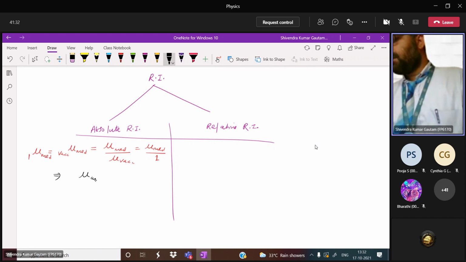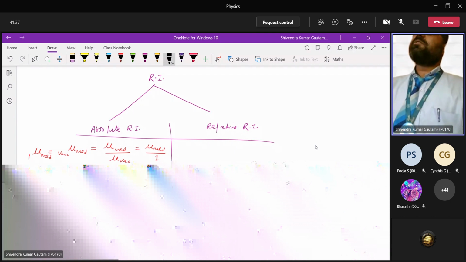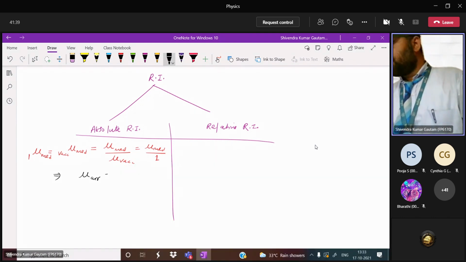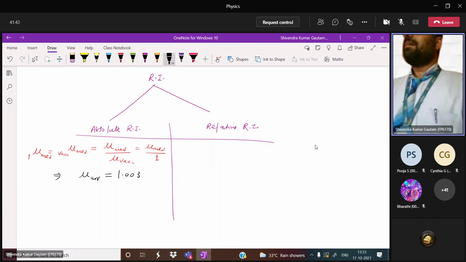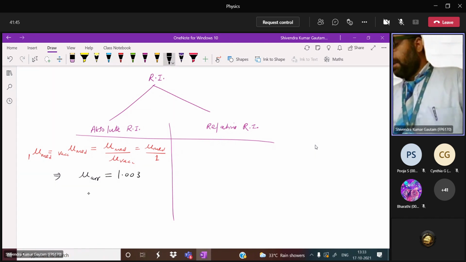Some examples. Mu air, nothing mentioned, so air refractive index with respect to vacuum. This value, 1.003, is slightly greater than vacuum. Mu glass, you have studied this in 10th class, 3/2, that is 1.5.